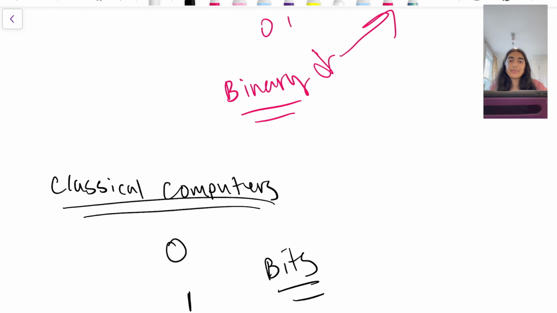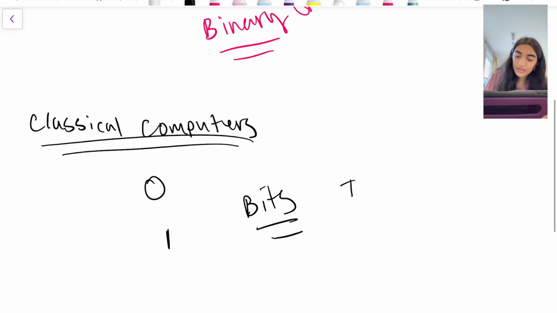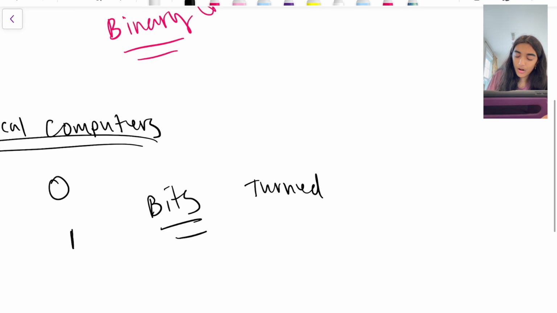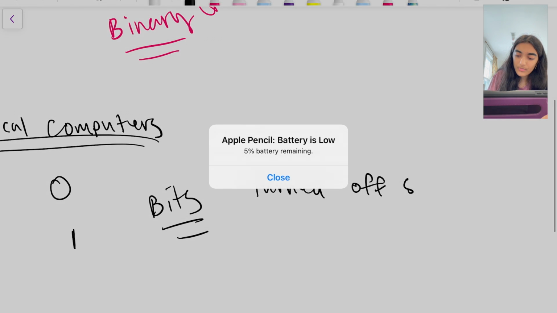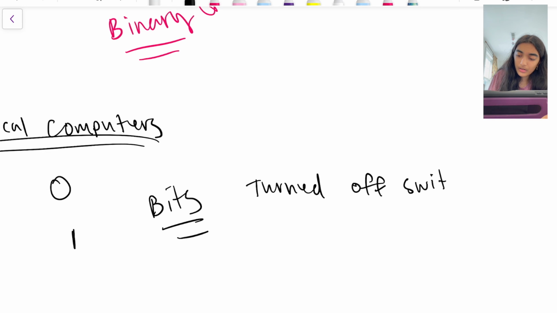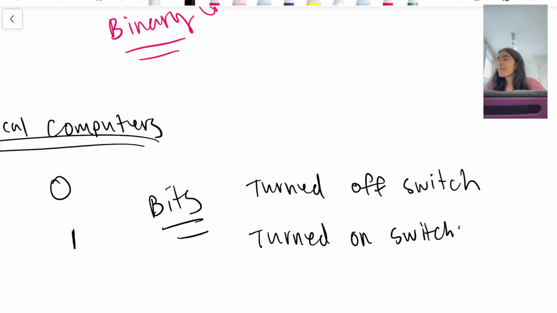And so a bit can be either a 0 or a 1. A 0 can be thought of as a switch that's turned off, and a 1 can be thought of as a switch that's turned on.